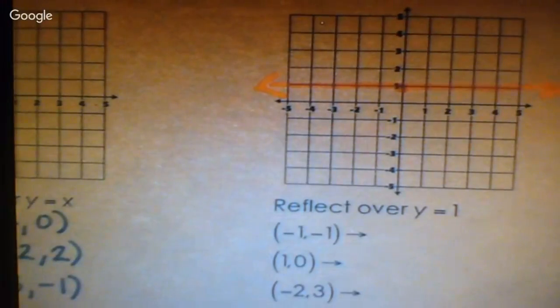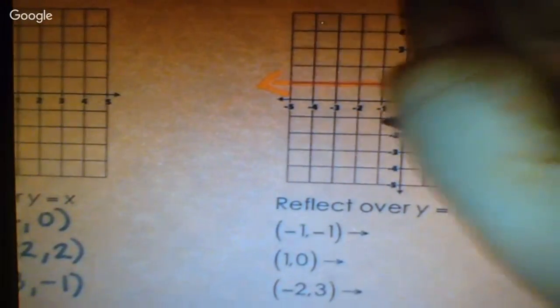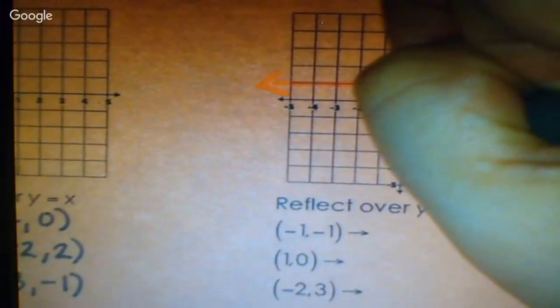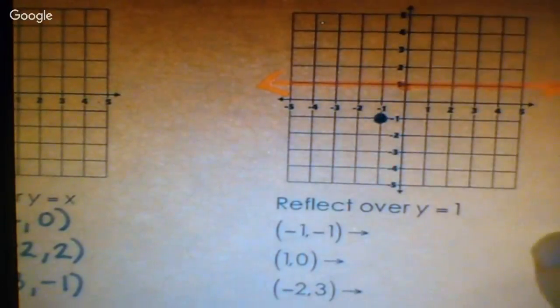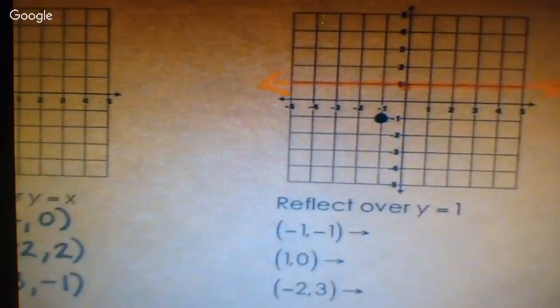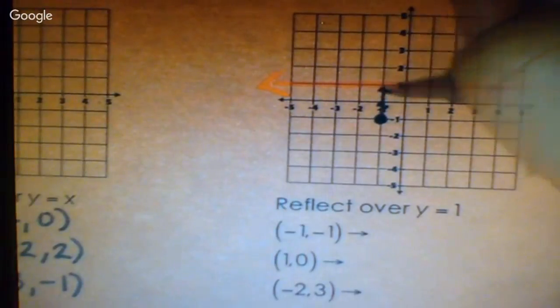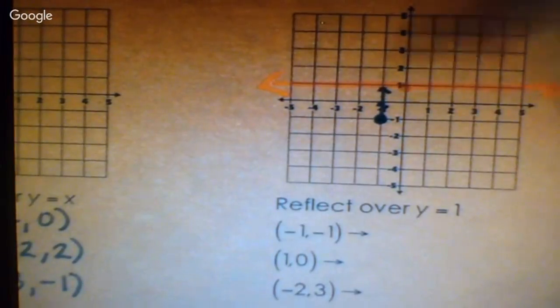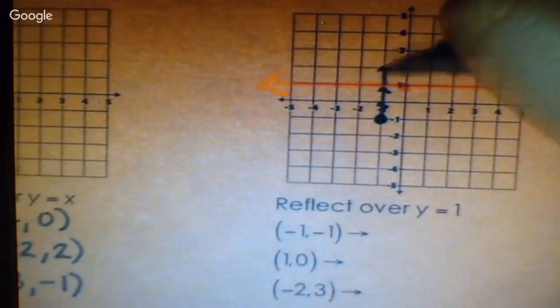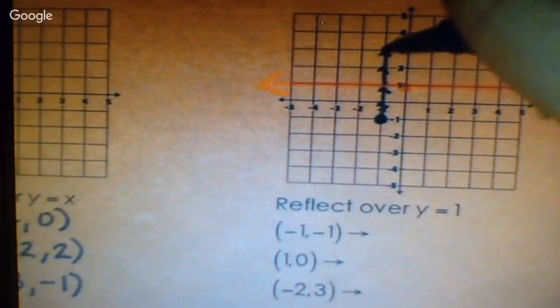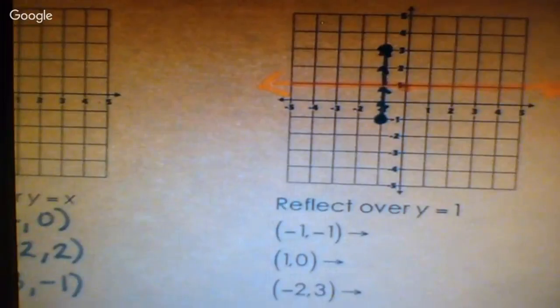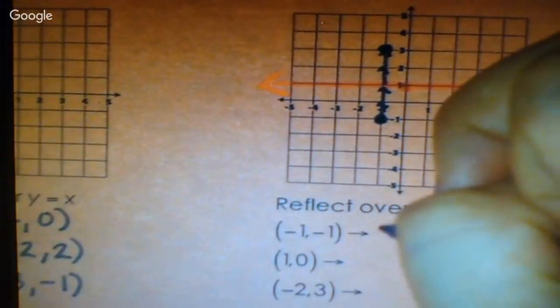So (-1, -1) starts me off here. Remember, go from that point to the line of reflection. That's 1, 2 spaces. So we need to continue on 1, 2 spaces, and here's your new point. My new point is at (-1, 3).